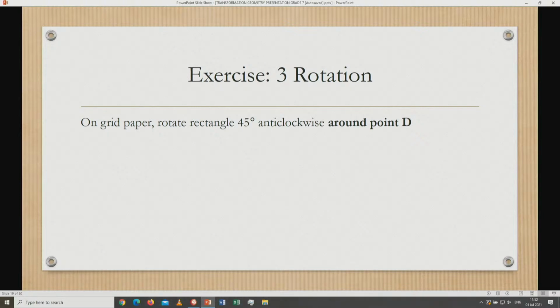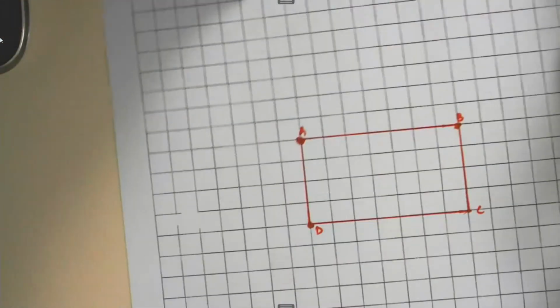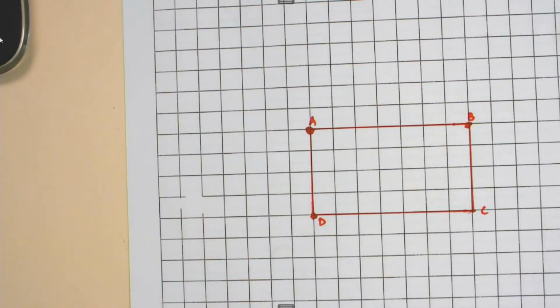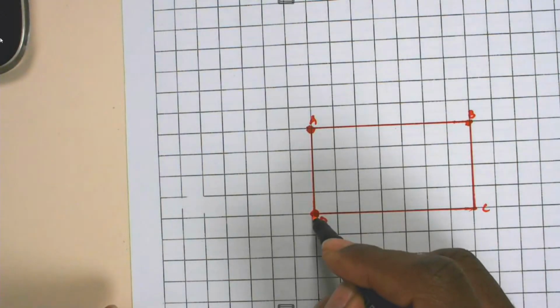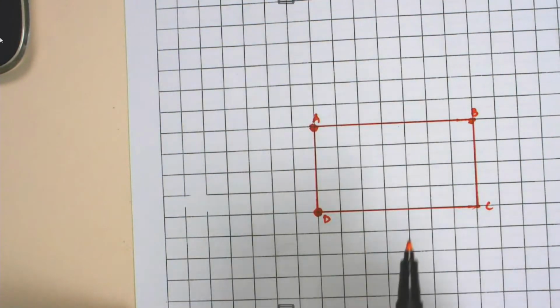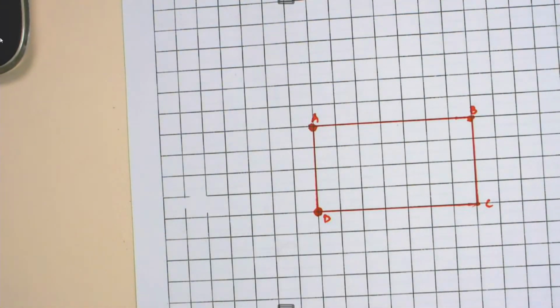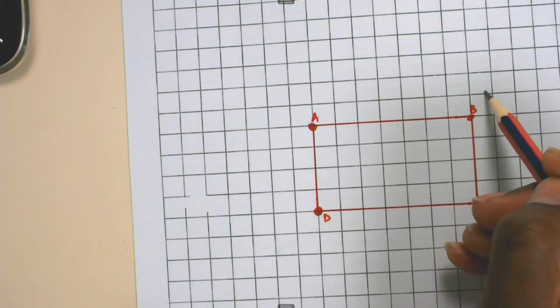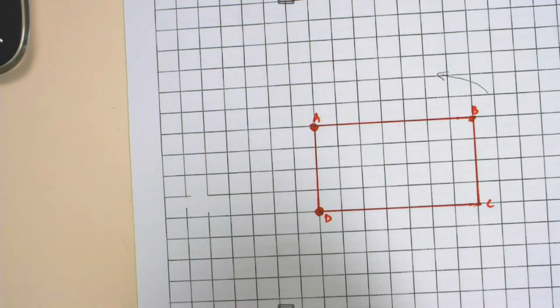This is the rectangle they are talking about. We are told to rotate this rectangle 45 degrees anti-clockwise around point D. In this case, point D will be our point of rotation. When we rotate 45 degrees anti-clockwise, it means we're going to move in this direction, right?